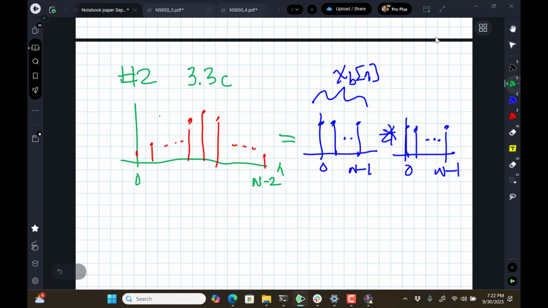So what I want you to very carefully consider when you draw your pole and zero plots, you will get this without a problem, but you're going to have repeated roots, so make sure you make note of that.